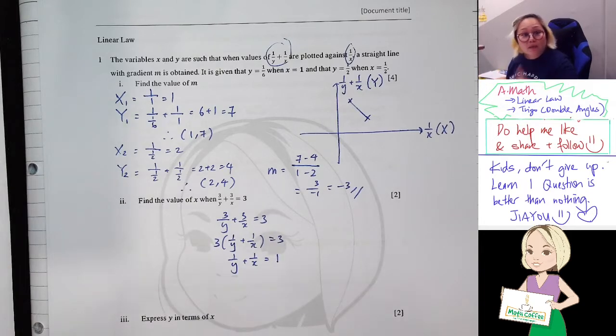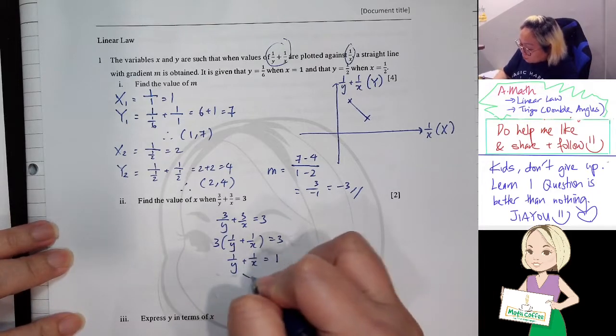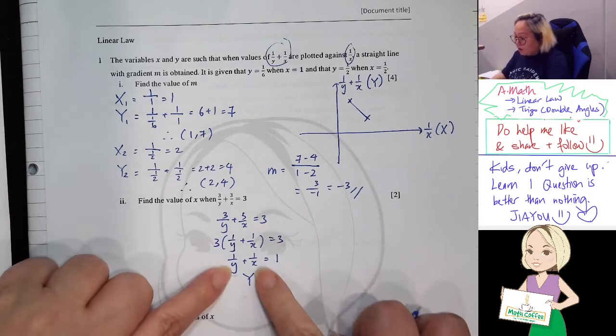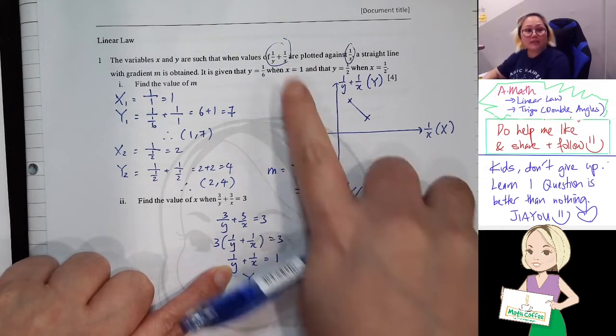So in other words, they're asking you to find the value of small x when big Y equals 1. Because my 1 over y plus 1 over x is my big Y.